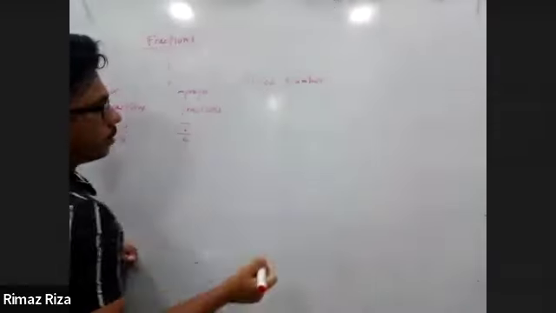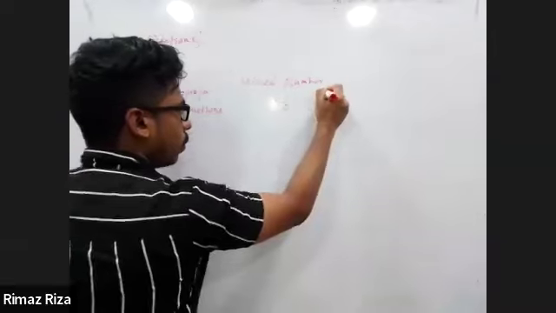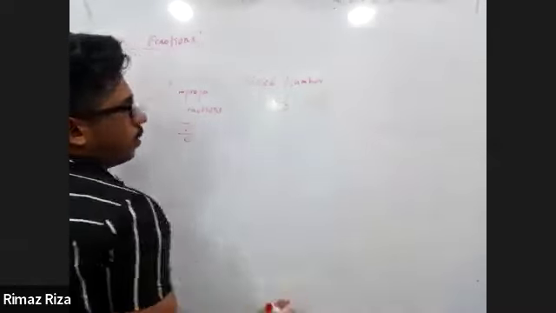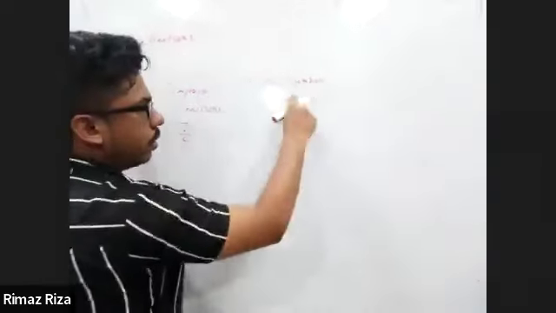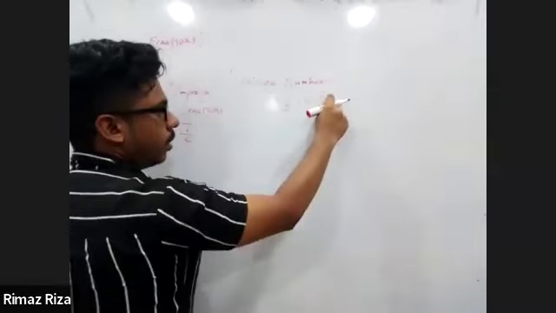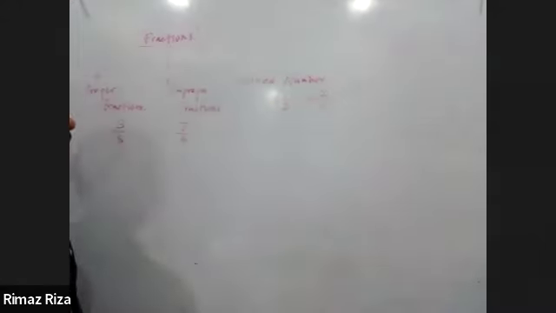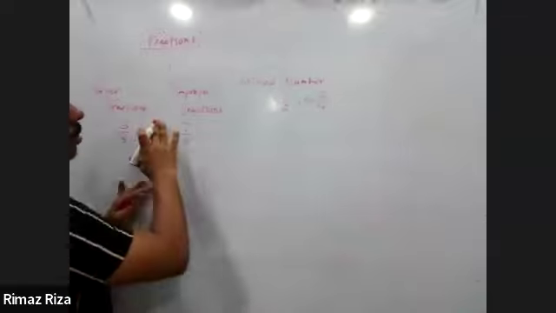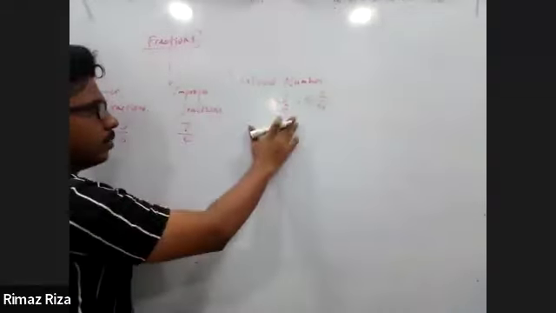Here the fraction is mixed with whole numbers, for example 3 1/2, 4 2/5, etc. Here, in the fraction part, the numerator is smaller than the denominator. So we have three types of fractions: proper fraction, improper fraction, and mixed number.